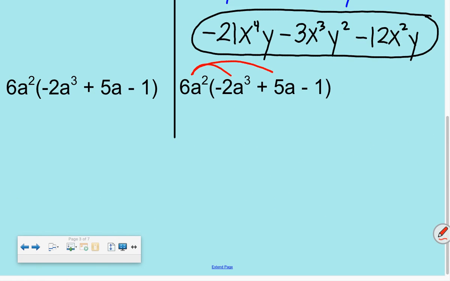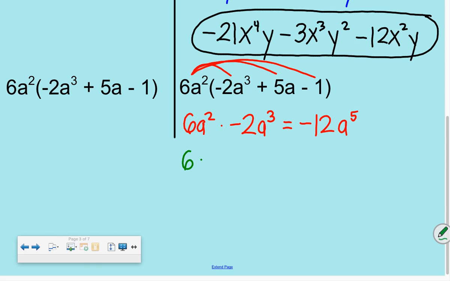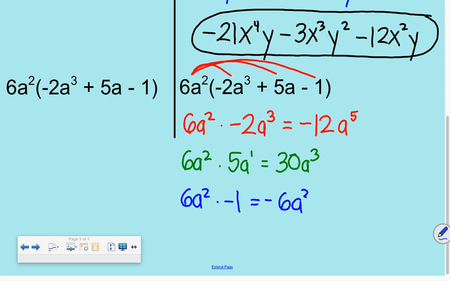Distribute 6a squared. So 6a squared times a negative 2a to the 3rd is negative 12a to the 5th. 6a squared times 5a, or 5a to the 1st, is 30a to the 3rd. 6a squared times negative 1 is negative 6a squared.